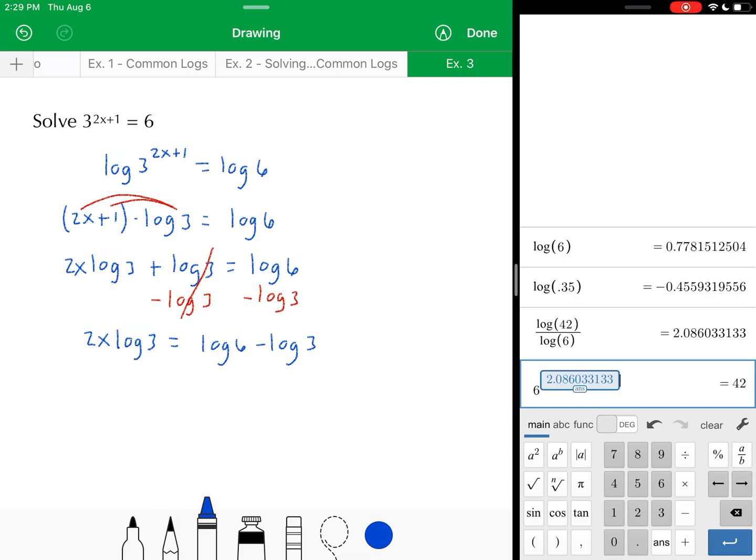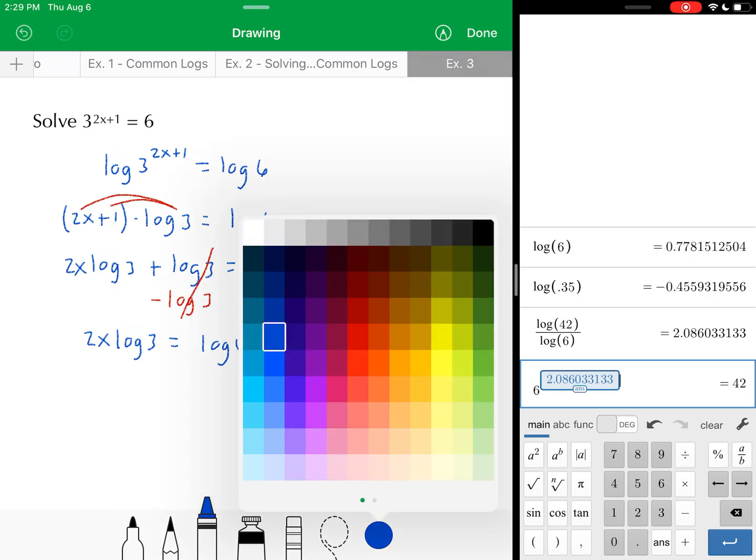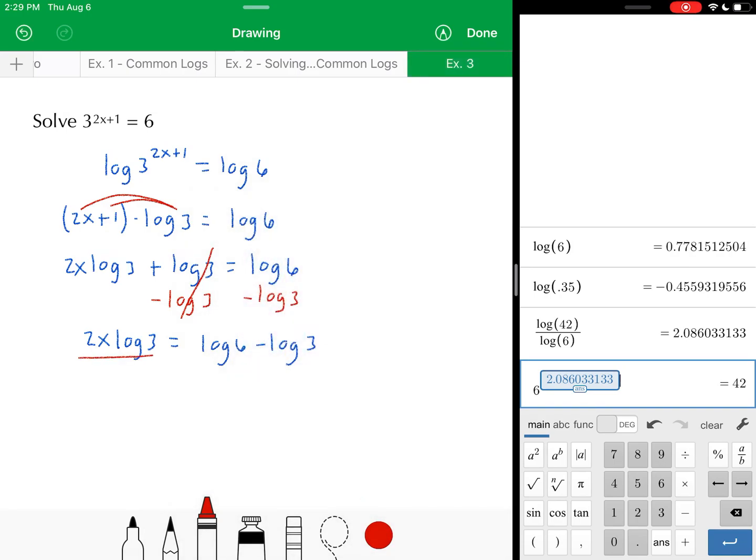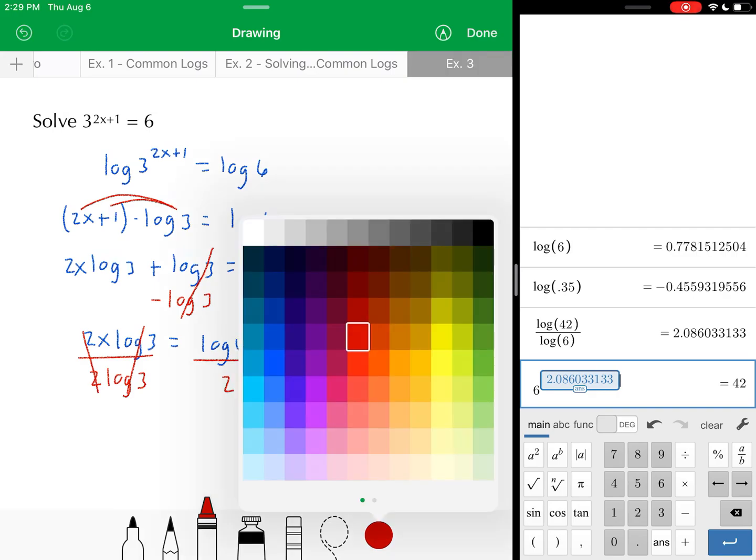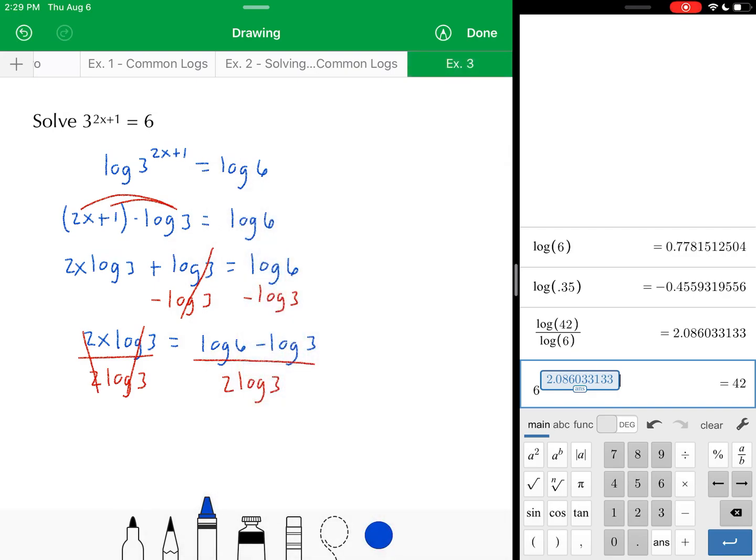And then to get x alone, I can simply divide both sides by 2 log 3. The 2's wipe out here, so the common log of 3 is left, and now it's calculator work.